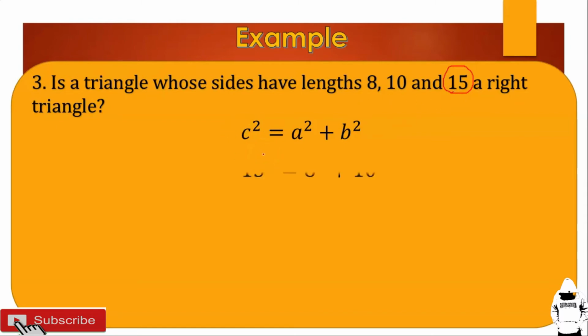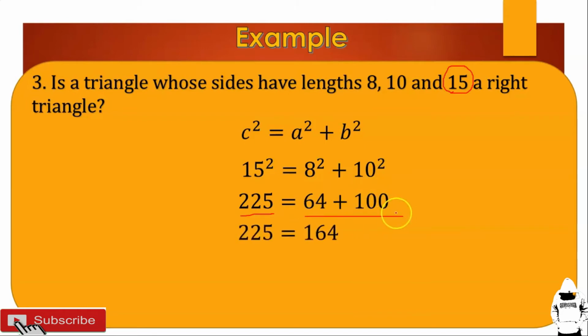So, by substitution, we have 15 squared is equal to yung A natin, that is 8. So, we have square of 8 plus yung B natin, that is 10. So, we have square of 10. Simplify natin yan. Square of 15, that is 225, is equal to square of 8, that is 64, plus square of 10, that is 100.